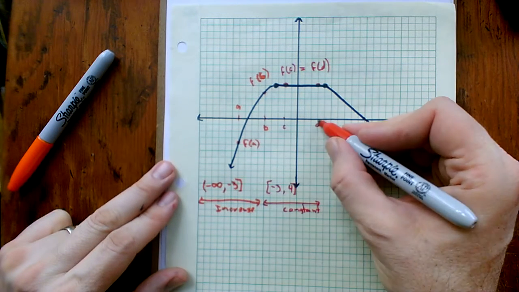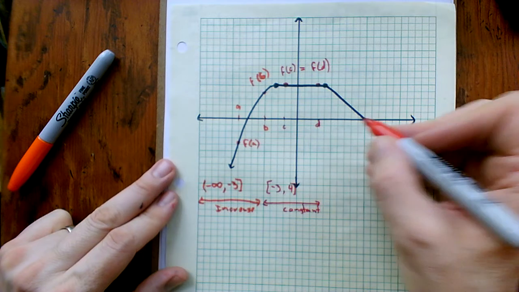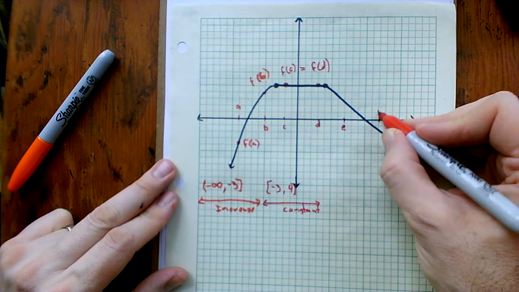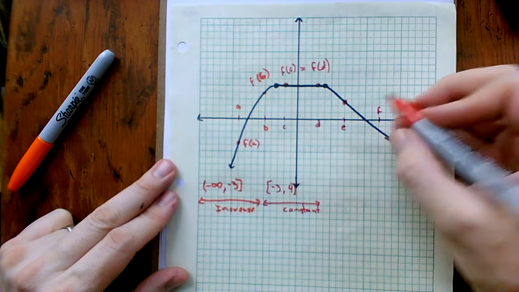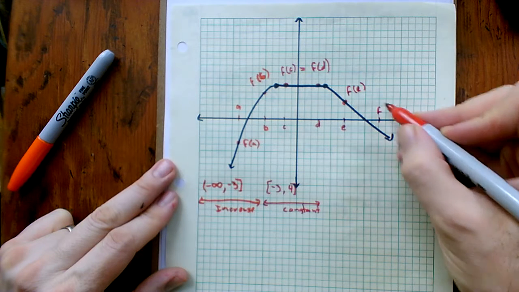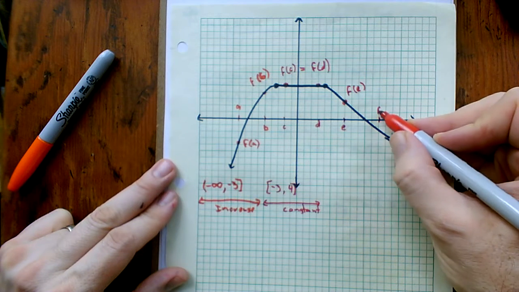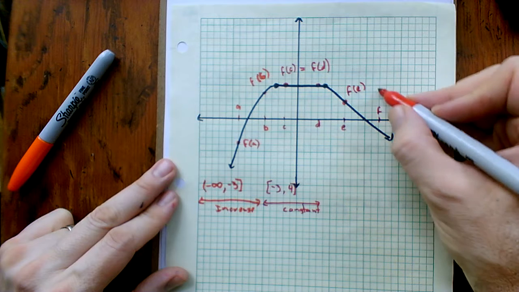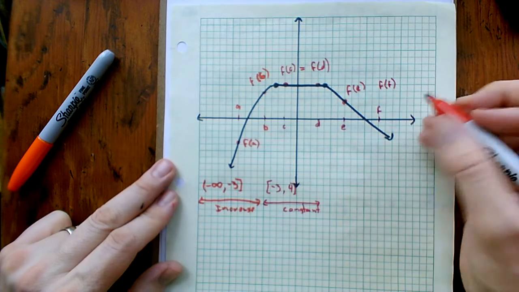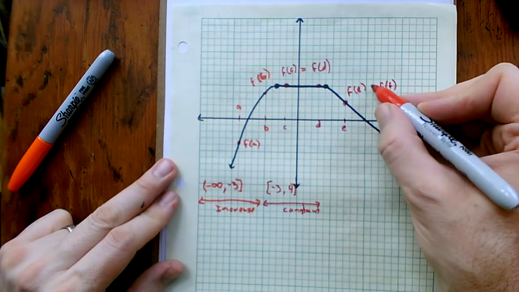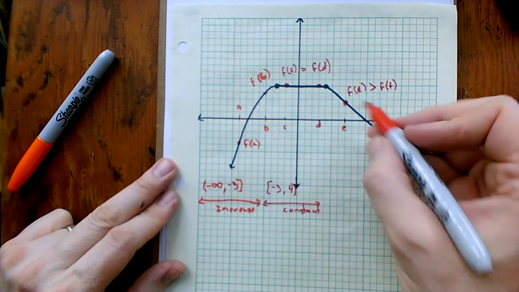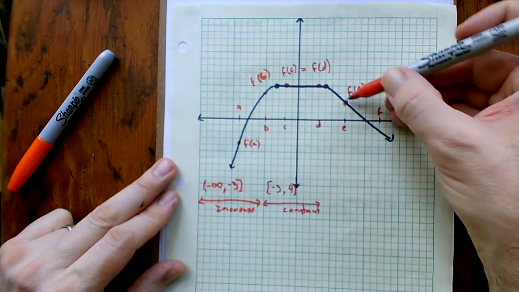All right, let's continue to move along in our graph. If I take a look at values like e and f, I can see that my y values, my f of e and my f of f, this is going to be greater than. It looks like these are going to be decreasing.